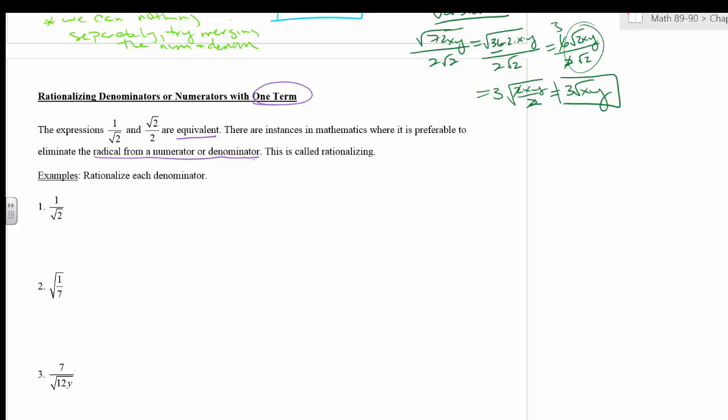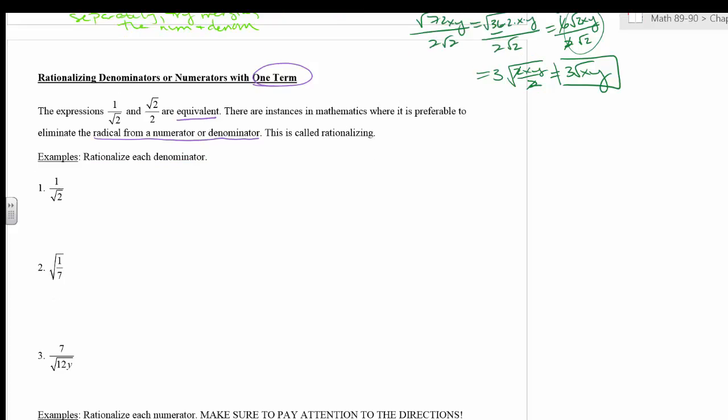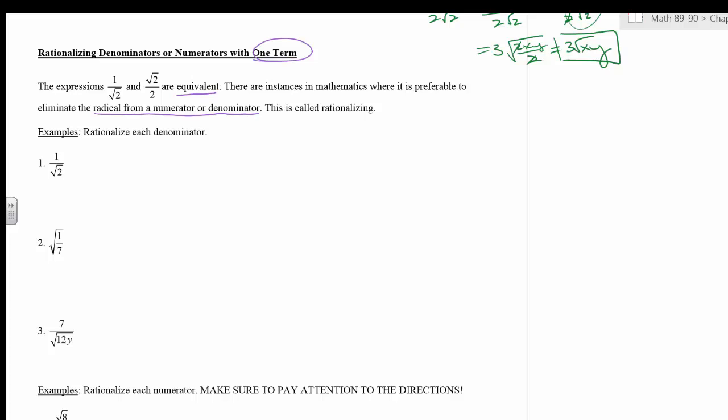This is called rationalizing. So the big reason we usually don't want a radical in the denominator is because when you're combining fractions, you need a common denominator, and that becomes a much more tedious process when you've got a radical in the denominator. Where if you just have nice whole numbers, then it's a lot easier to find a common denominator.